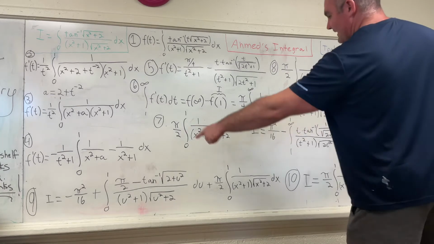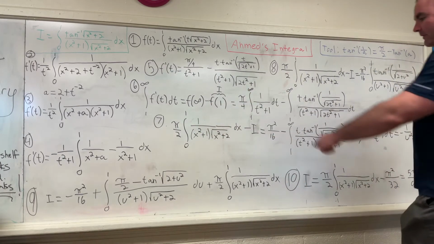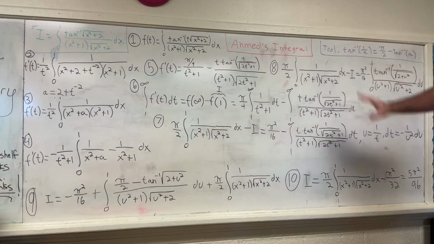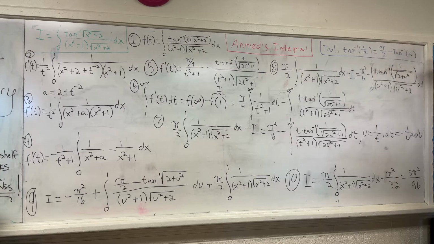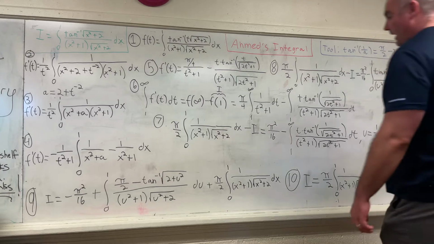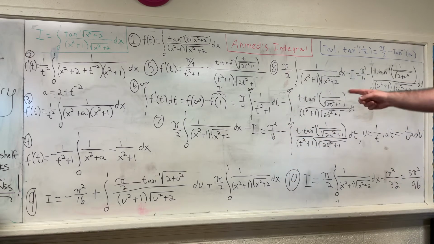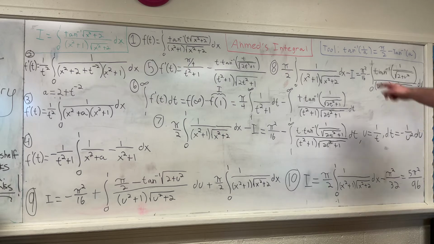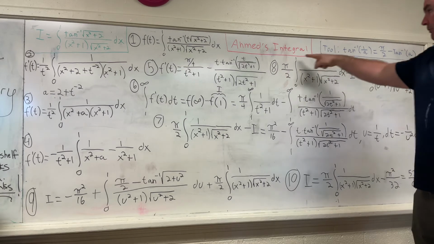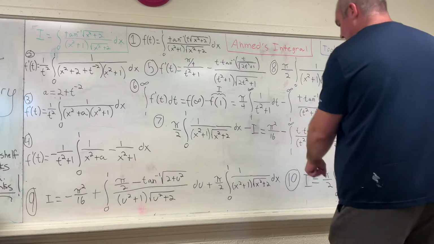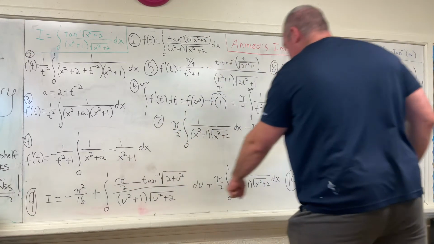This plus integral 0 to 1 of that junk right there comes from bringing this to the other side and utilizing this identity right here. This plus pi over 2 integral 0 to 1 of that junk, that comes from this part being left alone. So, all in all, we have I being equal to this stuff right here.